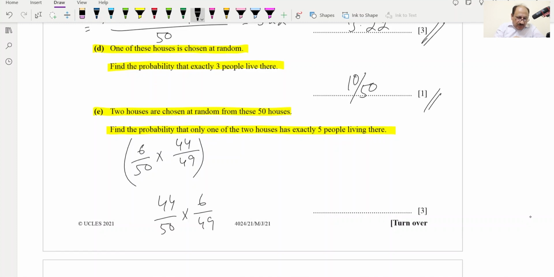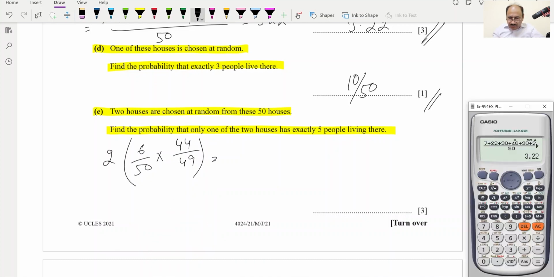So we will include this option also, we will multiply this by 2 and we can find this probability, and this will be equal to what?